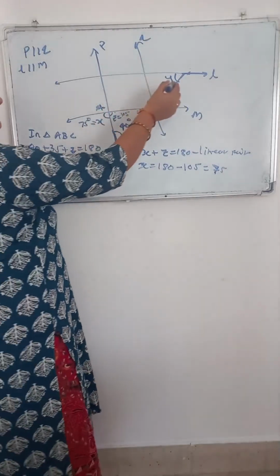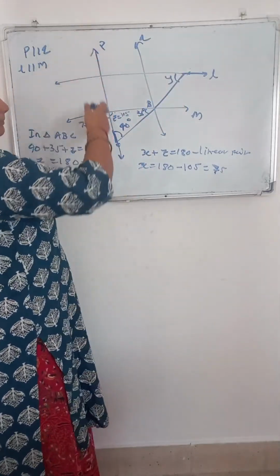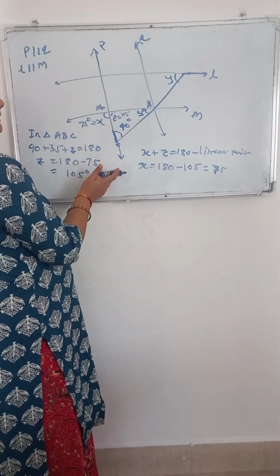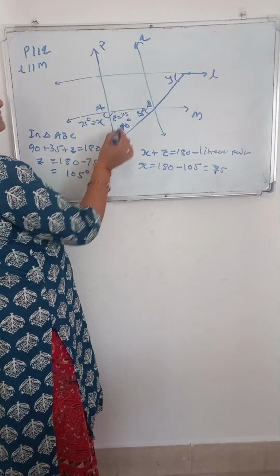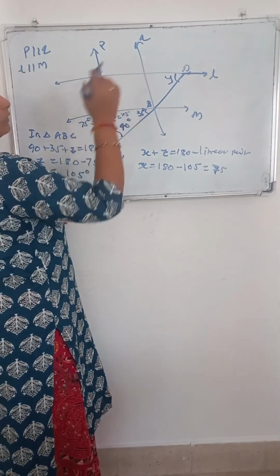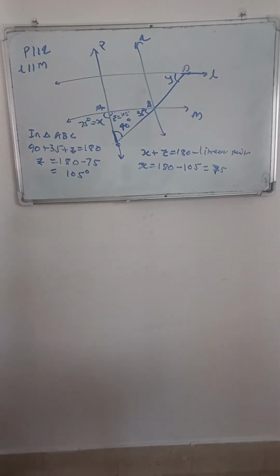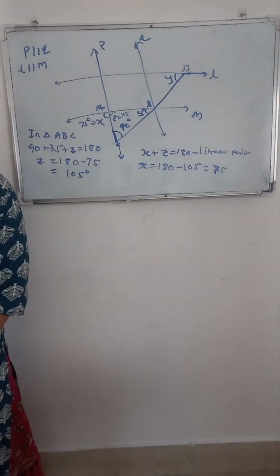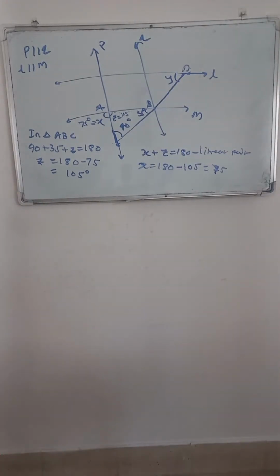Now they are interested in y. If lines P and Q are parallel, then CD is a transversal. To find y, check which angles you can consider, such as co-interior or corresponding angles.